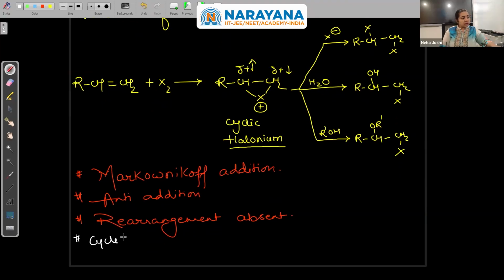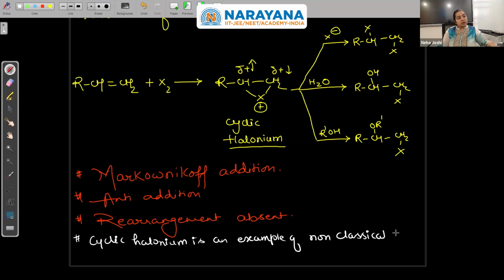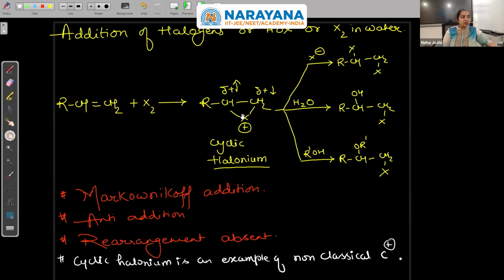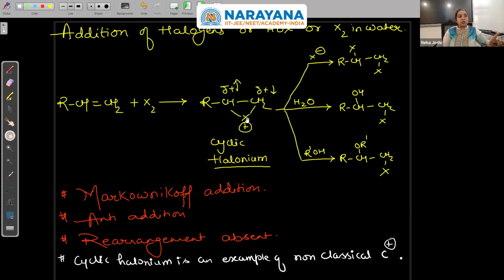A non-classical carbocation behaves like a carbocation, but the plus charge is on some atom other than carbon. So here the halogen is involved. Now see, carbons are from the second period, but this halogen is from the third period.